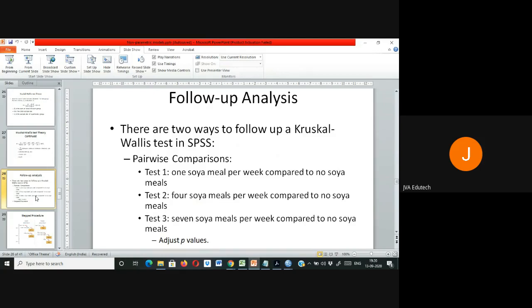The same problem we face here, because this is the non-parametric equivalent of ANOVA. Just by doing the Kruskal-Wallis test, we can know whether there is a significant difference between these 4 groups or not, but we can't know specifically which group differs from which.